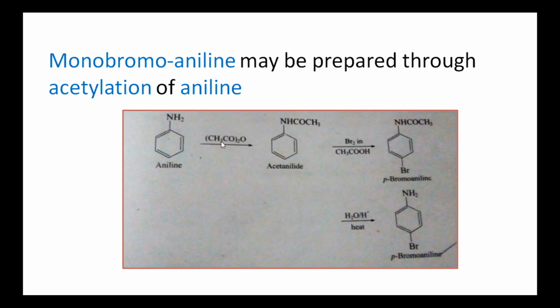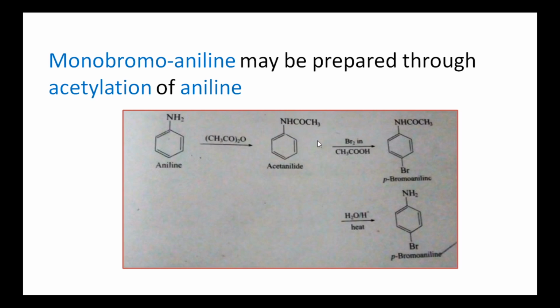Then acetylation takes place. One of the hydrogen atoms of aniline is replaced by an acetyl group forming acetanilide. Then bromination is proceeded. In this acetanilide, this group is less activating than the amino group.